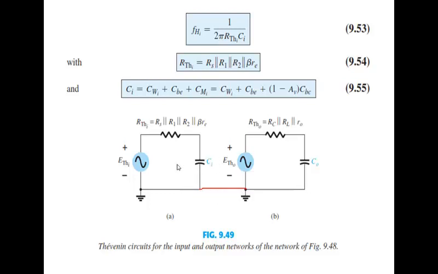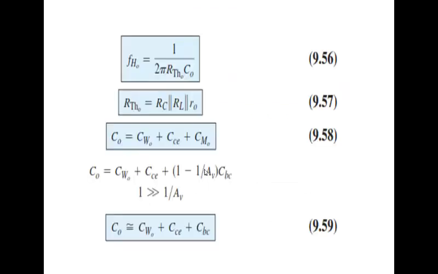So effectively all those capacitances, which are wiring capacitances, junction capacitances, and now the Miller capacitance, which couples the two ports and is decomposed into these capacitances, are all added to form one capacitance at the input side and the other capacitance at the output side, which is C naught, the output wiring capacitance, junction capacitance, and the Miller output capacitance.